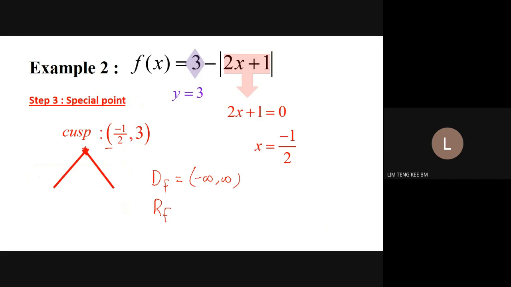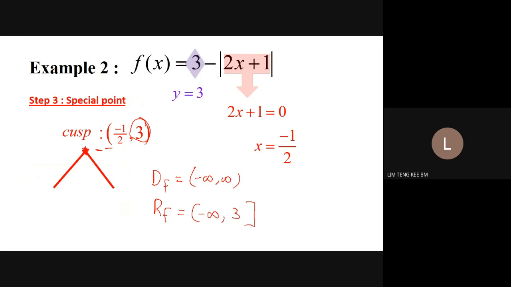Domain is how far the graph can extend left to right. For range, we would like to see how far it can extend up and down. So the range I can reach as high as y equals 3, as low as negative infinity. So this is the answer for my range if you would like to determine the domain and range.